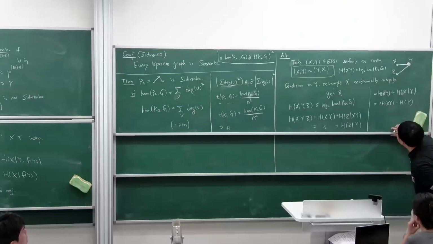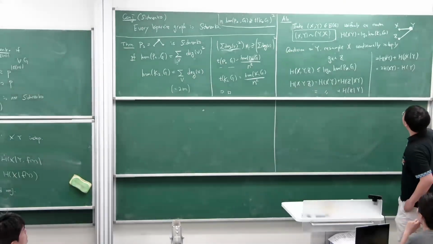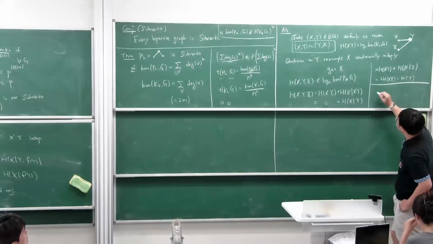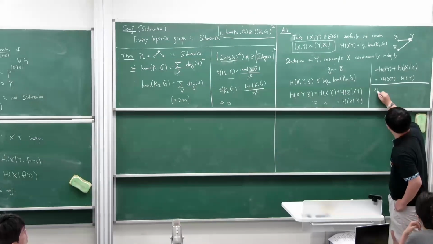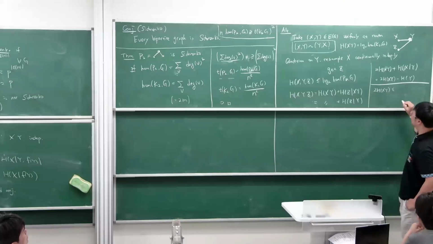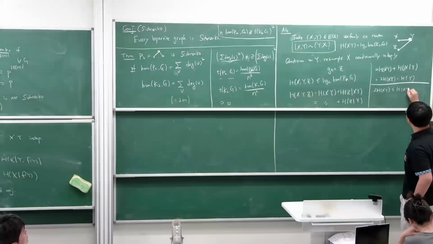Okay, so what does this show us? So I guess it shows us that twice the entropy of x and y is less than or equal to h of xyz plus h of y.